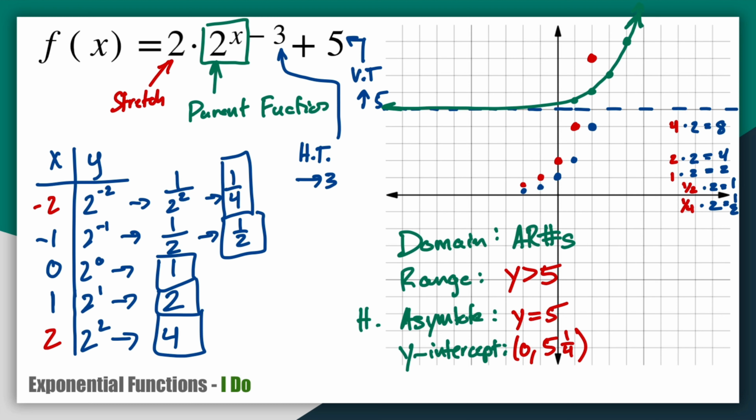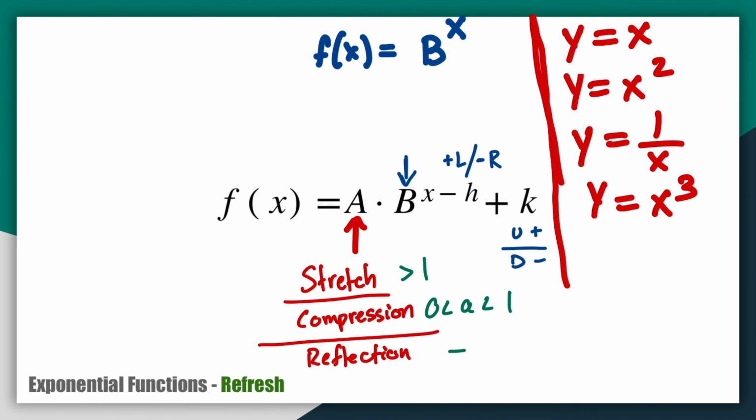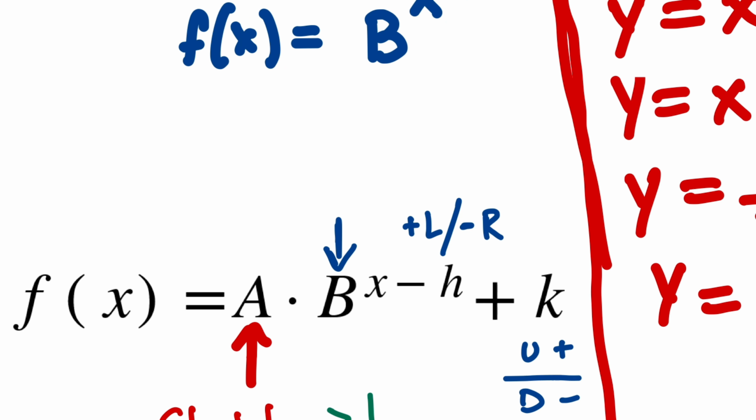Notice this. When we had a b value that was greater than 1, we started low and we went high. Okay, so let's go back a page here and let's write that in. Okay, if our b is greater than 1, our function starts low and goes high.